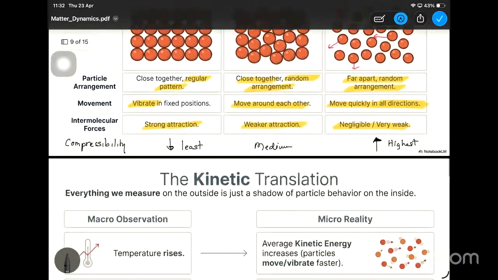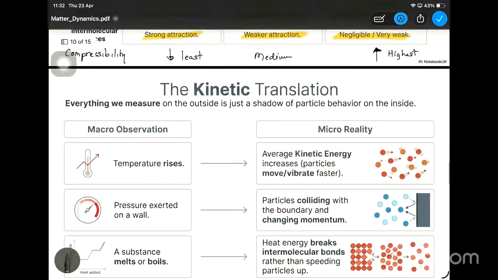Okay. Then the kinetic translation. Everything we measure on the outside is just a shadow of particle behavior on the inside. So this is kinetic motion, which means you are going into molecular levels, considering the particle movement.